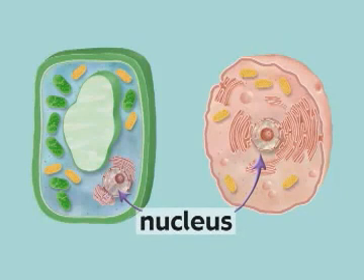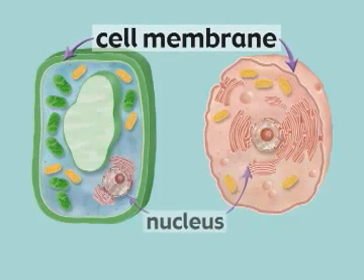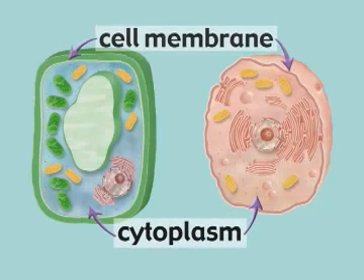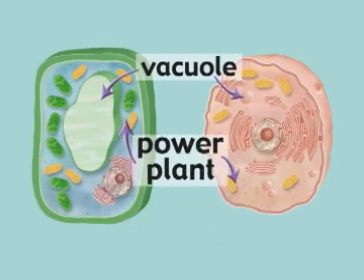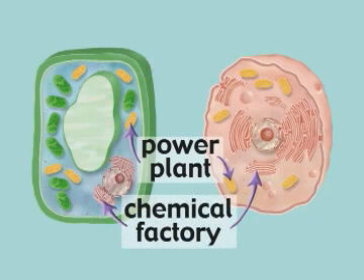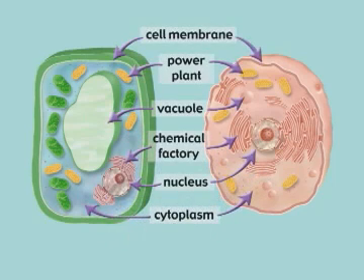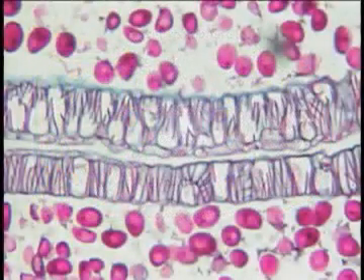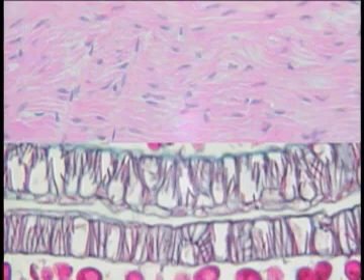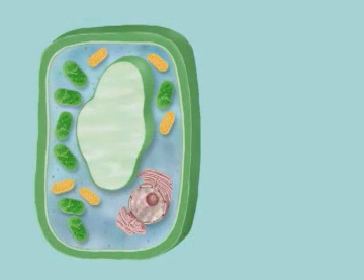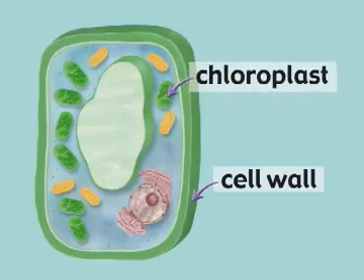Along with a nucleus, plant and animal cells also contain a cell membrane, cytoplasm, vacuoles, a power plant, and a chemical factory. Everything they need to carry out the basic life functions. However, plant and animal cells are not made up of all the same parts. For example, only plant cells have a cell wall and chloroplasts.